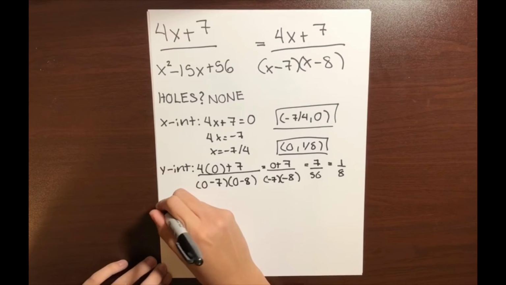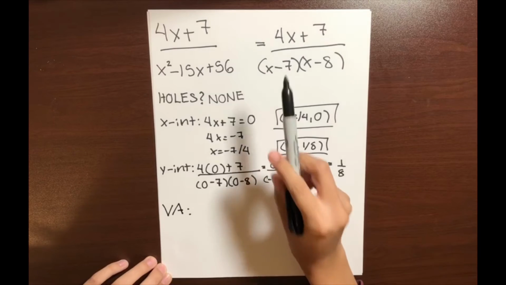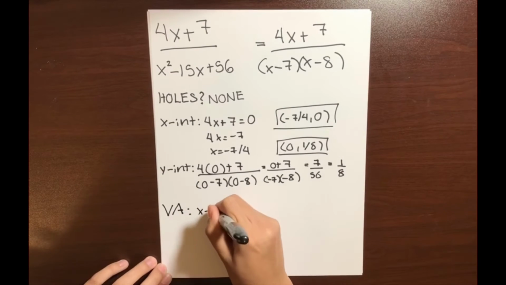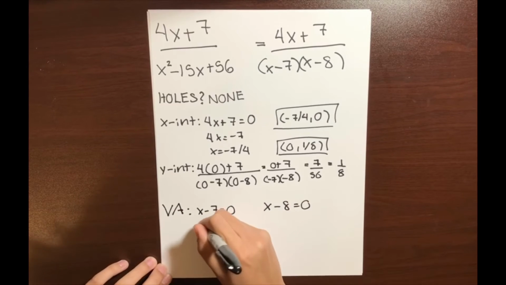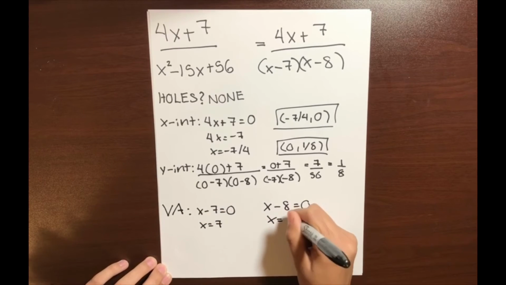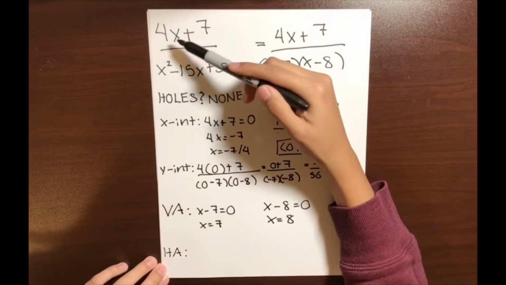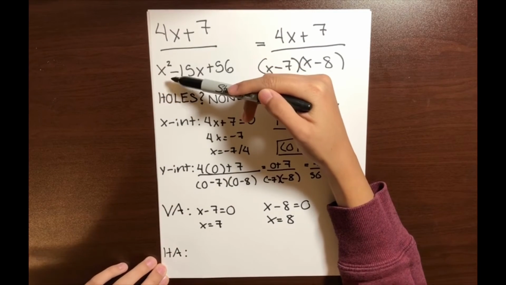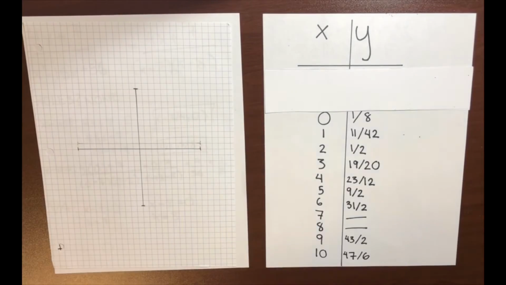For the vertical asymptote, set the denominator equal to 0, which will be x minus 7 equals 0 and x minus 8 equals 0. My answer should be x equals 7 and x equals 8. For the horizontal asymptote, as the degree of the numerator is smaller than the degree of the denominator, y equals 0. Now we will graph.